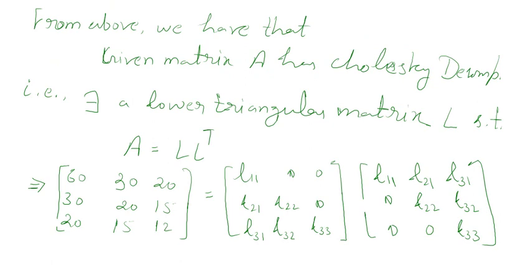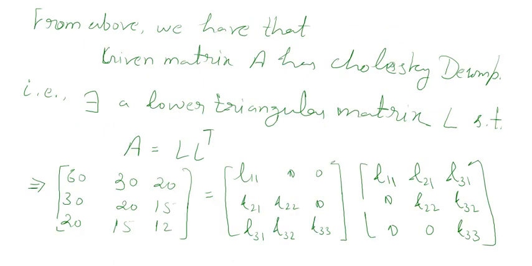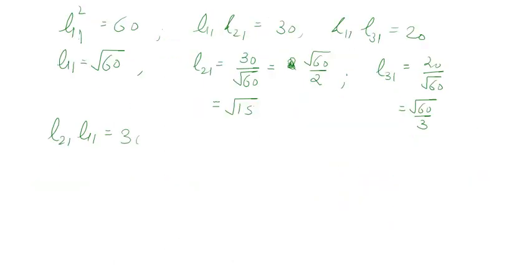Similarly, from the second row, L21 times L11 will give you 30. From the known value of L11, you can get L21. So L21 is already known here, again the square root of 15. There is nothing new you are finding.